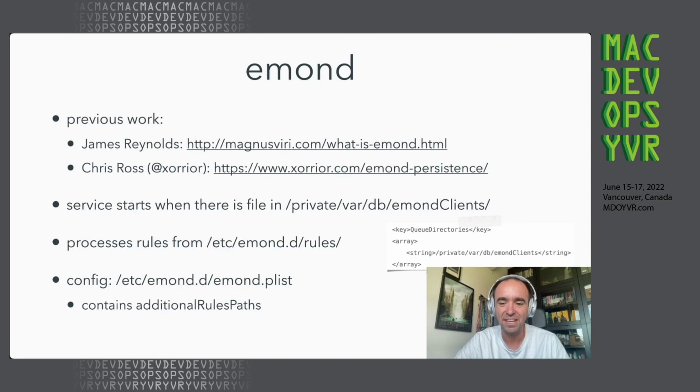And once there is any file there, it will start processing rules from the etc emond rules directory. It can also be configured through the emond plist file, and we can specify additional rules locations beyond the default one.